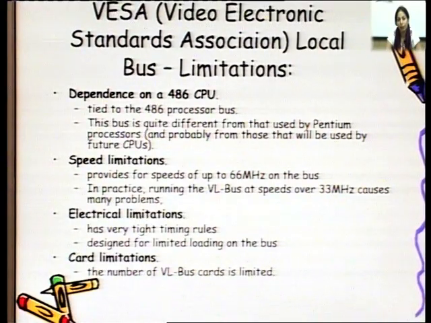Third is the electrical limitation: it has very tight timing rules and is designed for limited loading on the bus. Fourth is the card limitation: the number of VL bus cards is limited. So these are the four limitations existing in the VESA standard: first, dependence on the 486 CPU; second, speed limitation; third, electrical limitation; fourth, card limitation.